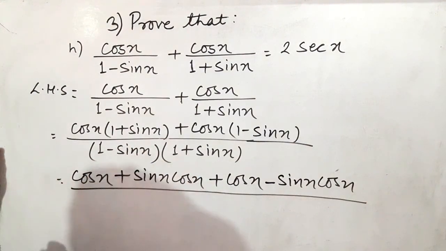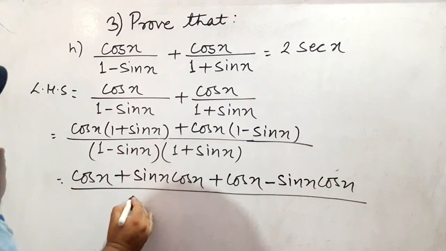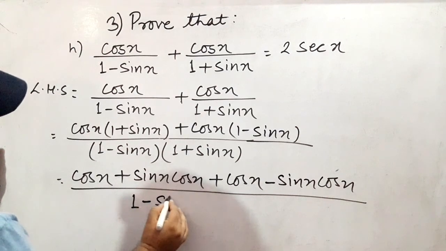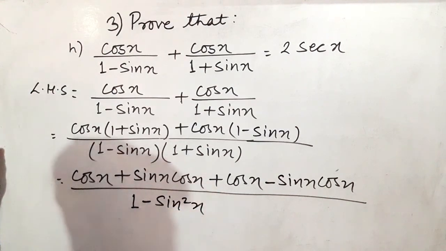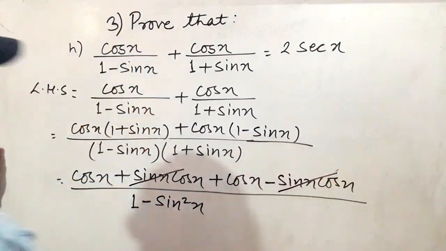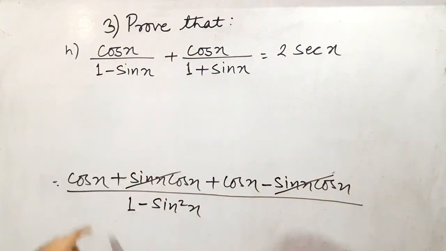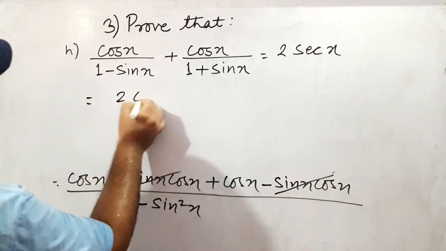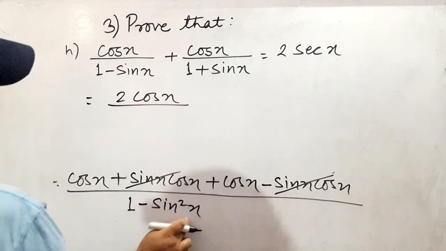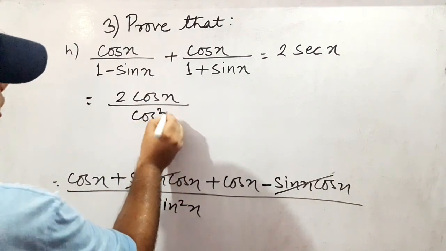They are in the form a plus b, a minus b. So we can write a square, that is 1 square, which is 1, minus b square, that is sin square x. Plus sin x cos x minus sin x cos x, they get cancelled. Continuing from here, cos x plus cos x, we have 2 cos x by 1 minus sin square x, which is equal to cos square x.